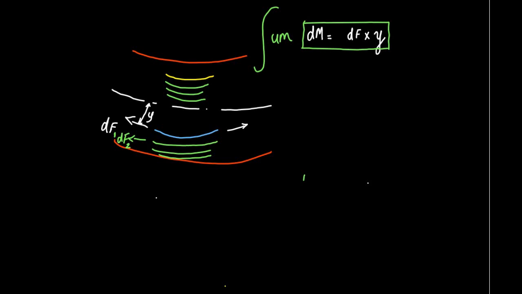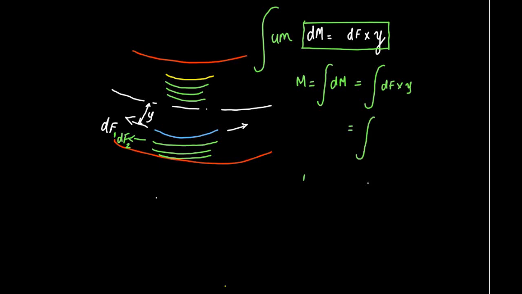So the expression for bending moment is dM, which is the total bending moment, given by the sum of all the forces which exert bending moment, dF into y. In the next step, I can represent the force in terms of stress.